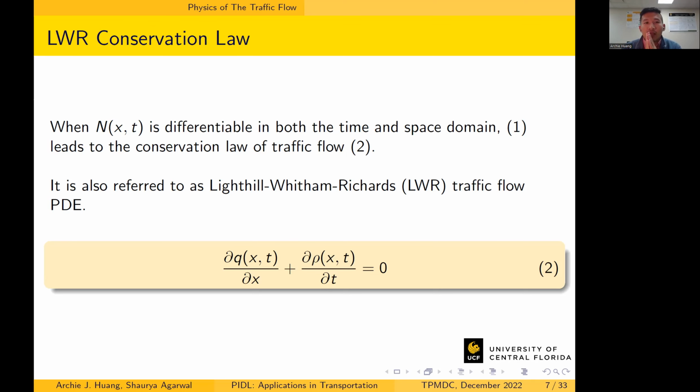When the cumulative count N is differentiable in both the time and space domains, we can add these two parts together to make this conservation law, and it should equal 0. This is a partial differential equation, and it will play a major role in physics-informed deep learning as the governing physical equation of traffic flow.